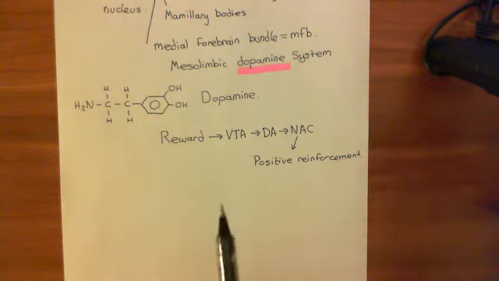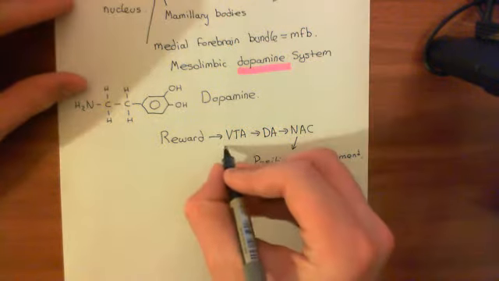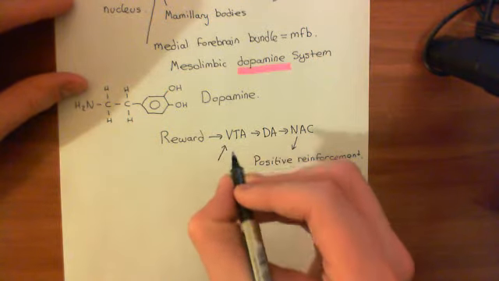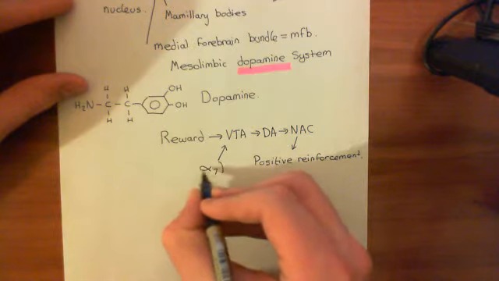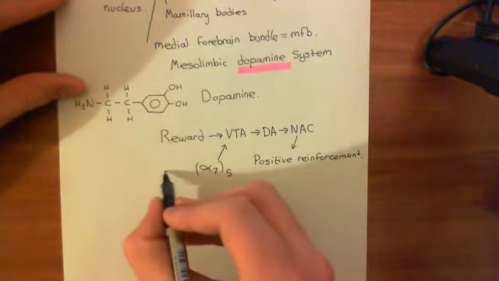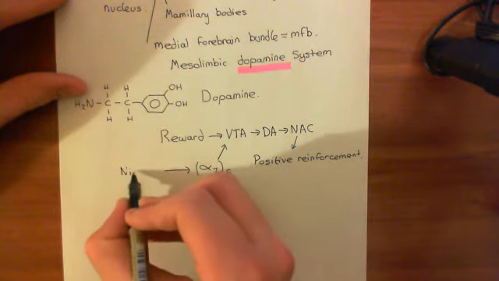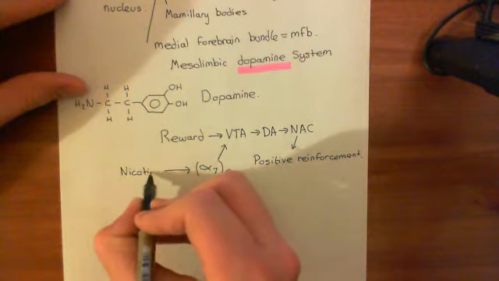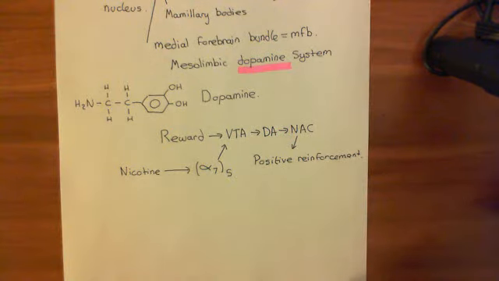Basically the way that nicotine is going to work to trigger addiction is that on these ventral tegmental area neurons, we have nicotinic acetylcholine receptors of the alpha 7-5 homopentamer type. So, when you smoke, nicotine is in the cigarette smoke, and you inhale that into your lungs, and then it just goes across the alveolar walls into the blood.